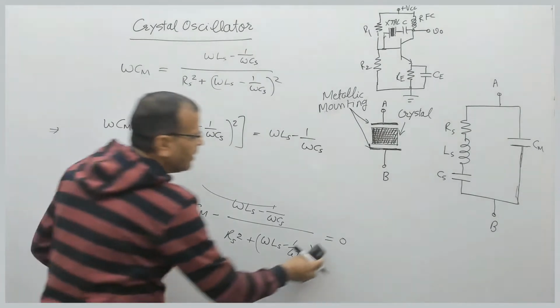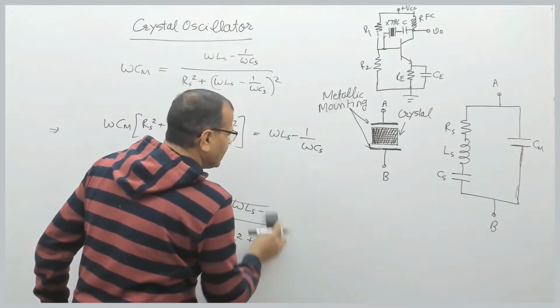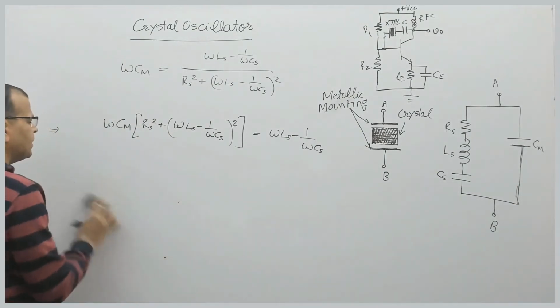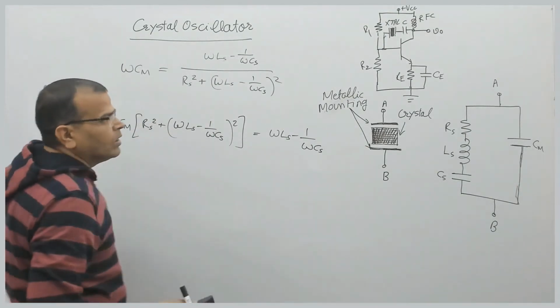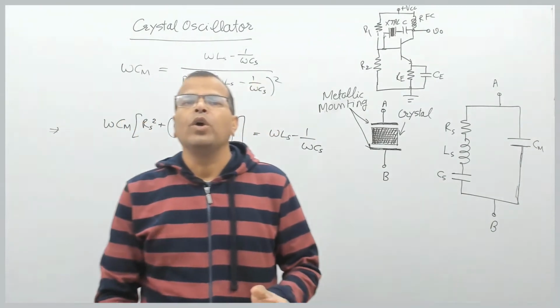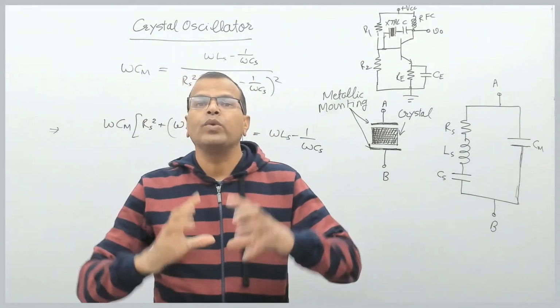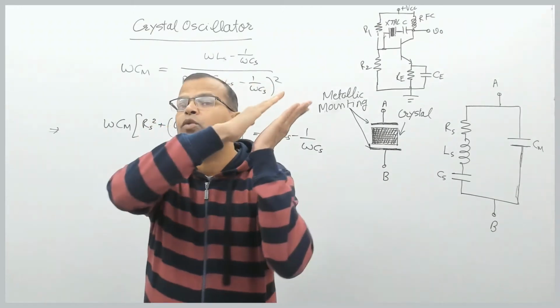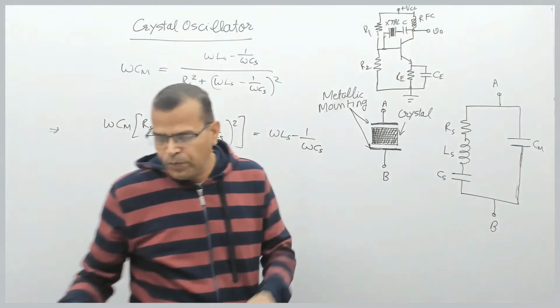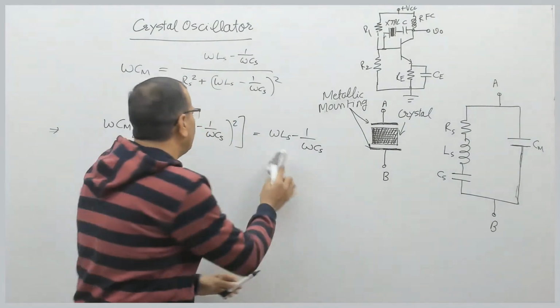But remember, whenever you have resistance, that is a heat dissipating element or energy dissipating element. So resistance here is basically the molecular friction which will try to reduce the oscillation, which will try to damp out the oscillation, which opposes the oscillations, right? So for sustained oscillation, what should be the resistance?